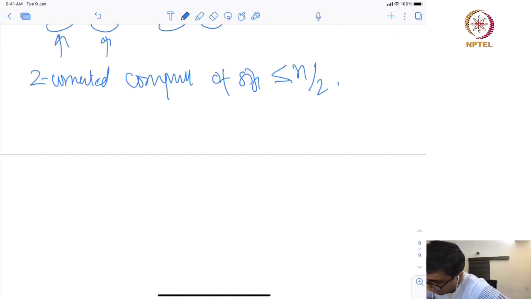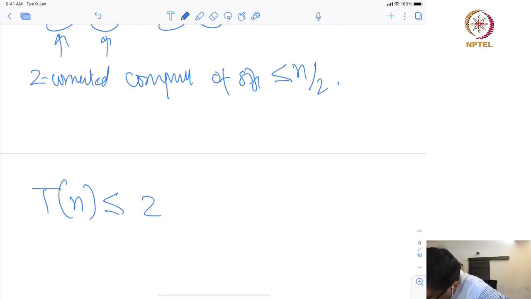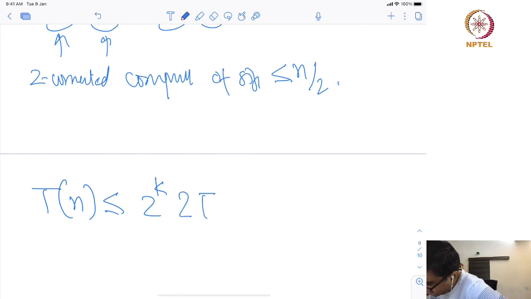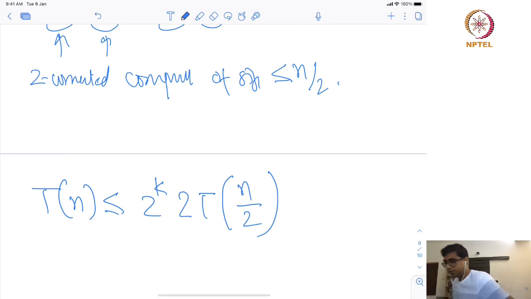It means our recurrence is going to be T of n is 2 power k sub-problems, in each there are 2 more sub-problems, and the size is n over 2. This is exactly what we are going to solve.